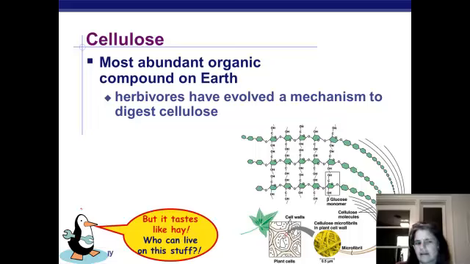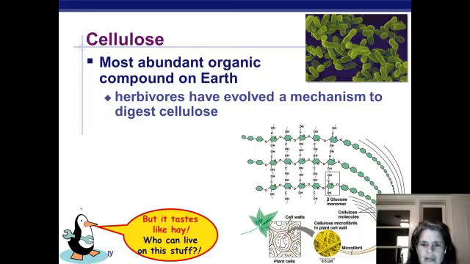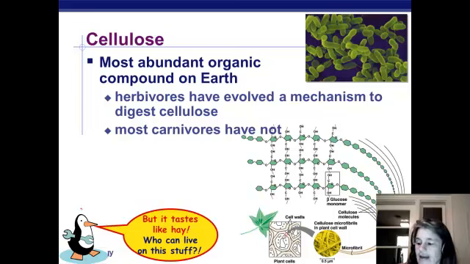Not everything lacks the ability to break down cellulose, though. Who can live off this stuff? Well, interestingly, certain kinds of bacteria can. Herbivores have generally adapted to have a certain type of bacteria in their gut.